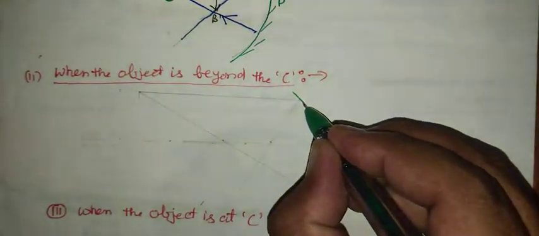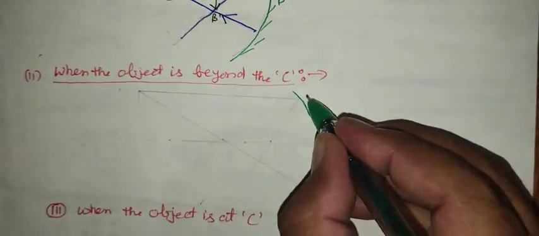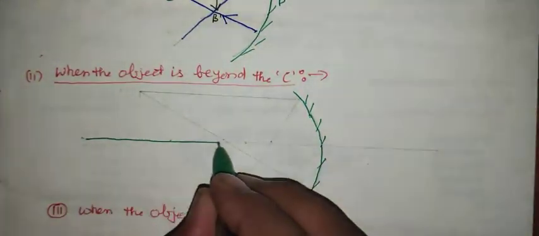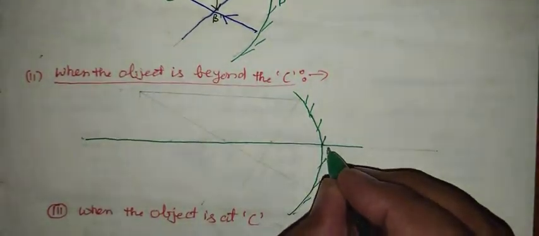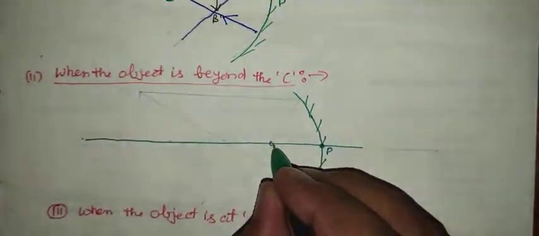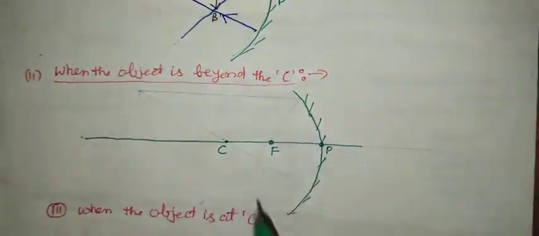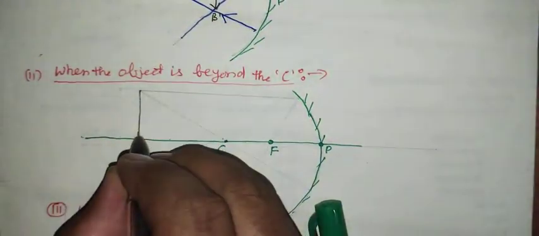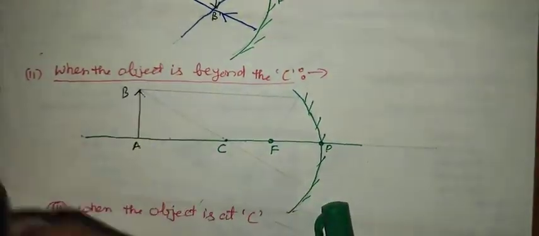First of all, take a concave mirror with its principal axis, and on this principal axis this is the position of pole, focal point, and center of curvature C. We are going to take an object AB beyond center of curvature, but not at infinity.